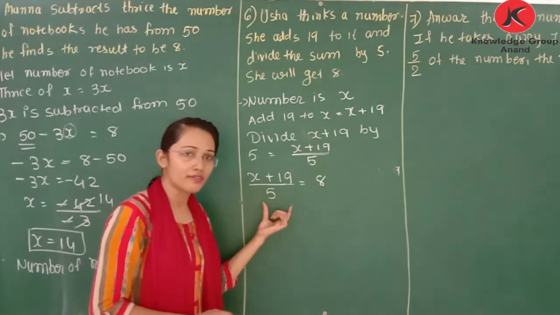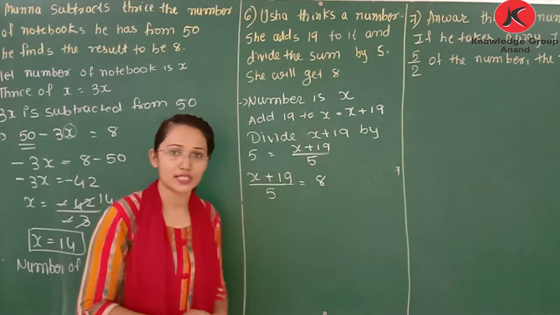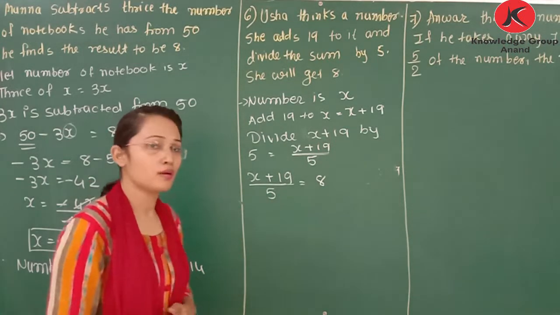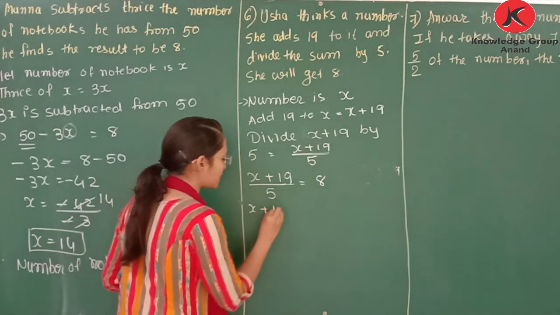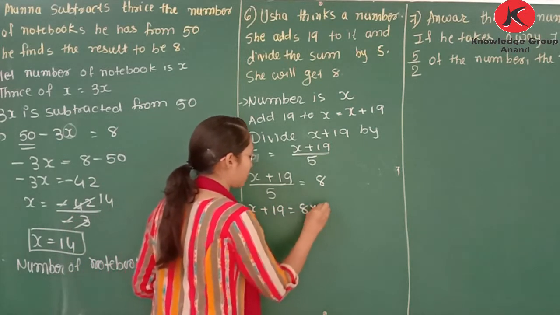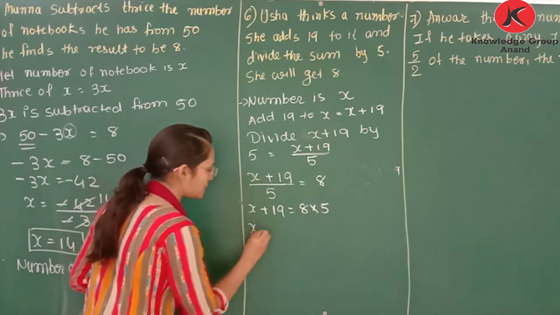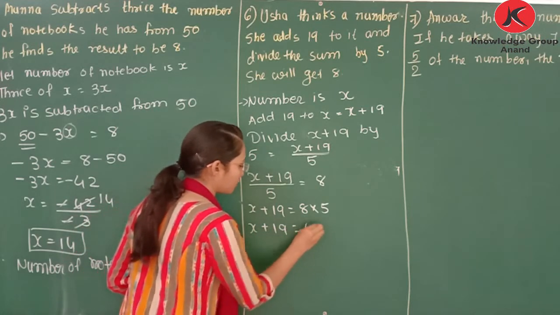So x plus 19 is equal to 8 multiplied by 5. x plus 19 equals 40.